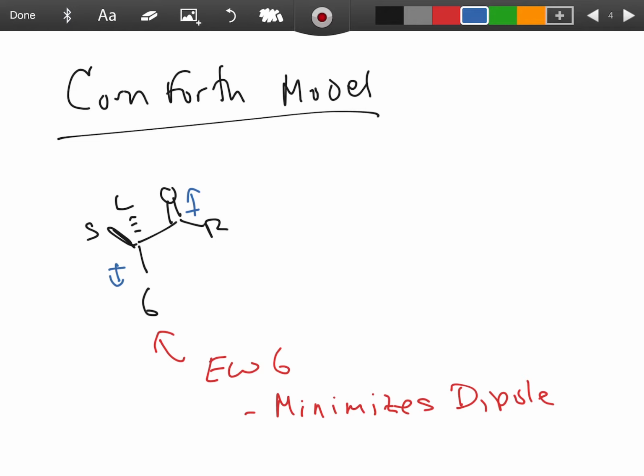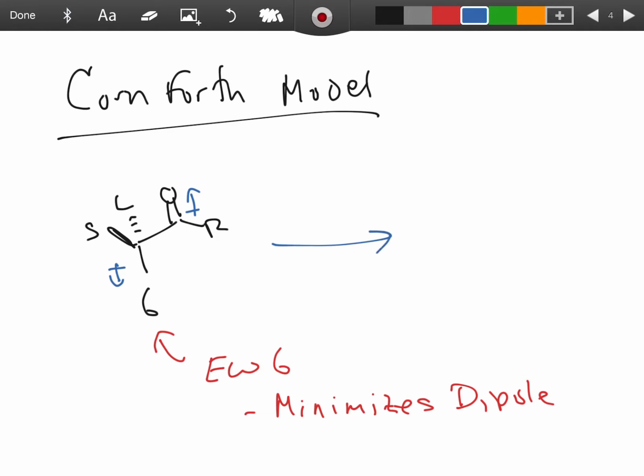So if you have a situation where you could use the Cram chelate model, but you don't have one of the metals that lets you chelate, you can use the Cornforth model to explain it. And this does kind of the same thing, where now your nucleophile is going to approach from the more open face, which is the side of the small thing.